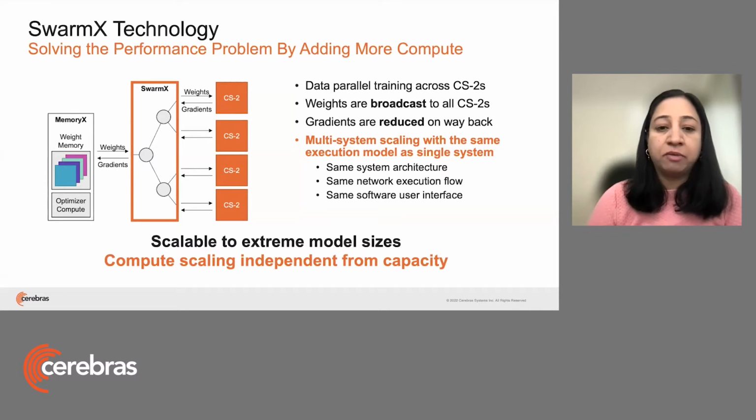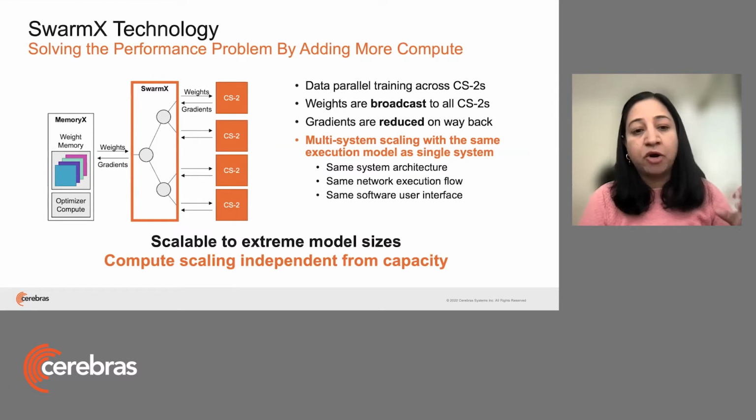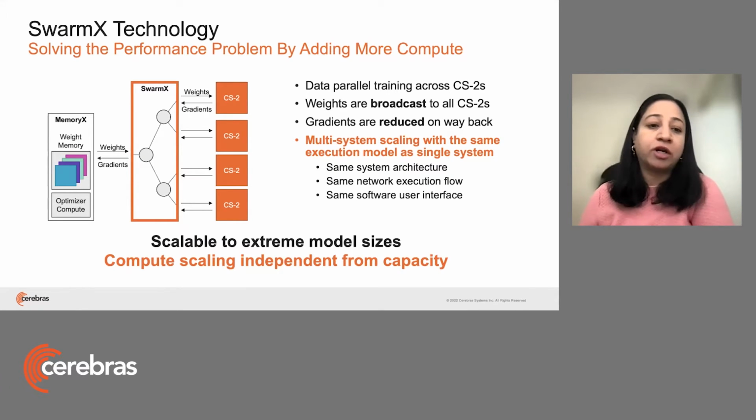If you're familiar with broadcast and reduce in the collective communications aspects of distributed computing, all it's doing is broadcasting to a number of CS2s and then taking the gradients from all the CS2s and reducing them so that they go into MemoryX.